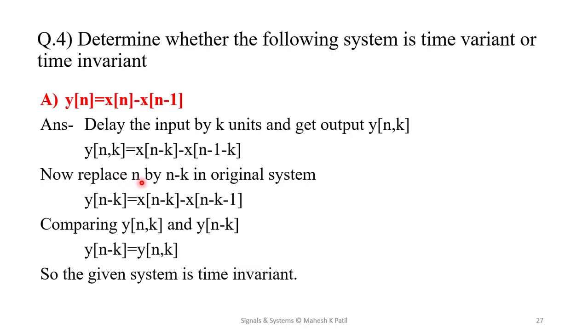Now replace n by n minus k in the original equation. So we get y(n minus k) as x(n minus k) minus x(n minus k minus 1). Now comparing these two equations, y(n minus k) is equal to y(n, k). So we can write that the given system is time invariant.